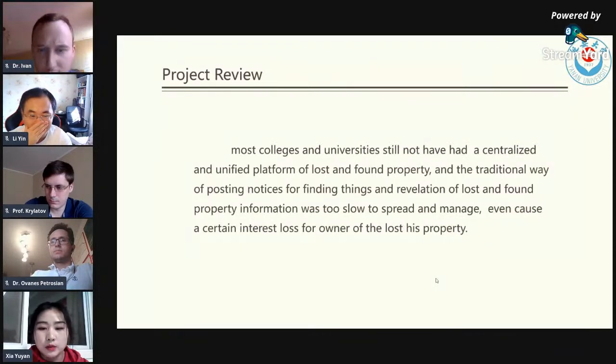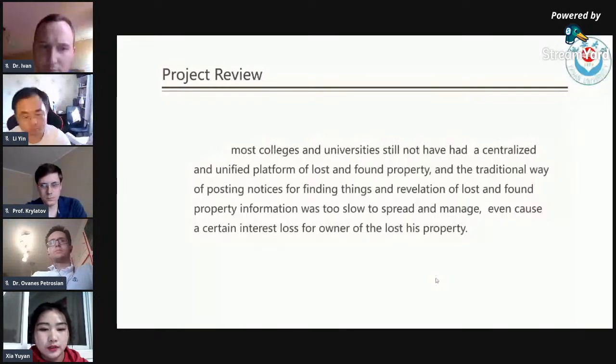With the progress of society, the development of the economy, the widespread popularity of information technology, and the improvement of campus informatization, at present most colleges and universities still do not have a centralized and unified platform for lost and found property. The traditional way of posting notices for finding things and revealing lost and found property information is too slow to spread and manage, and even causes a certain interest loss for the owner of the lost property.